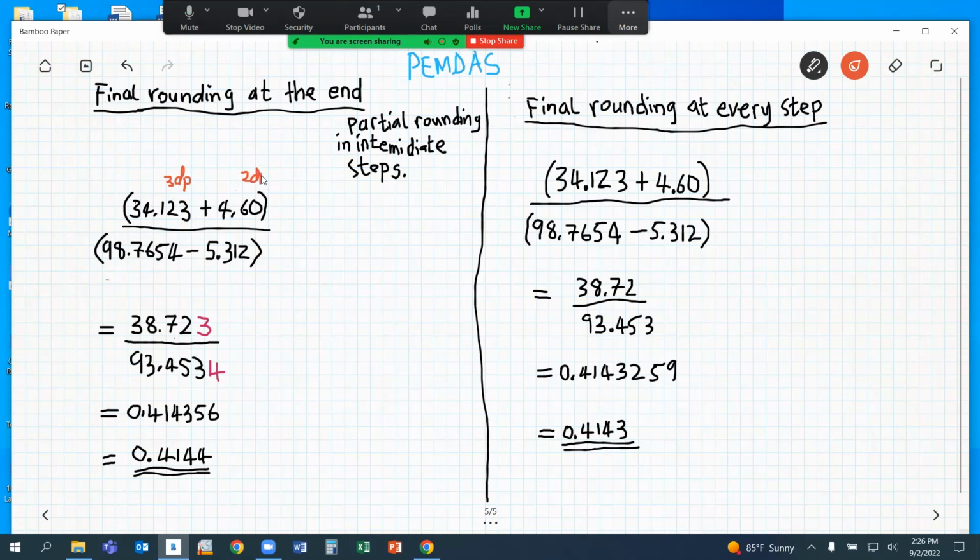The minimum between 3 and 2 is 2 decimal places. All right. So you take your calculator and do 34.123 plus 4.60.